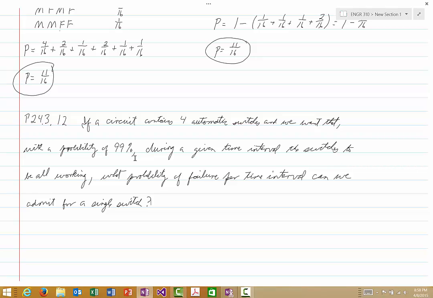So that would not be acceptable. So this probability of failure, from common sense, is going to have to be less than 1%.